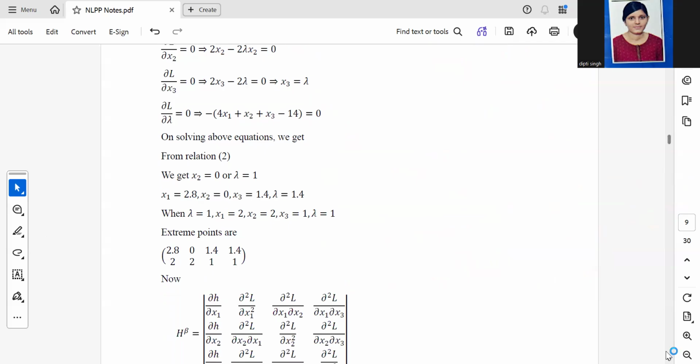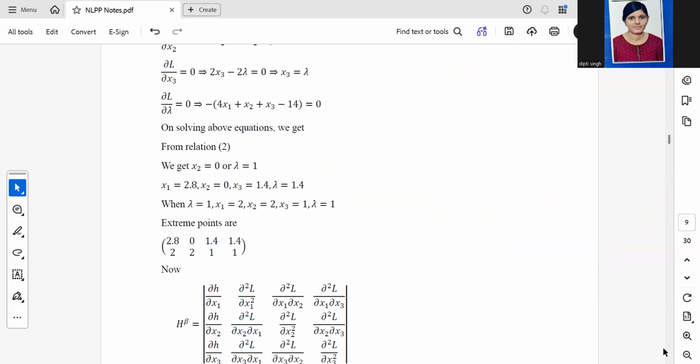Now we have to check at which point the given function is minimum. For this we calculate the bordered Hessian matrix.